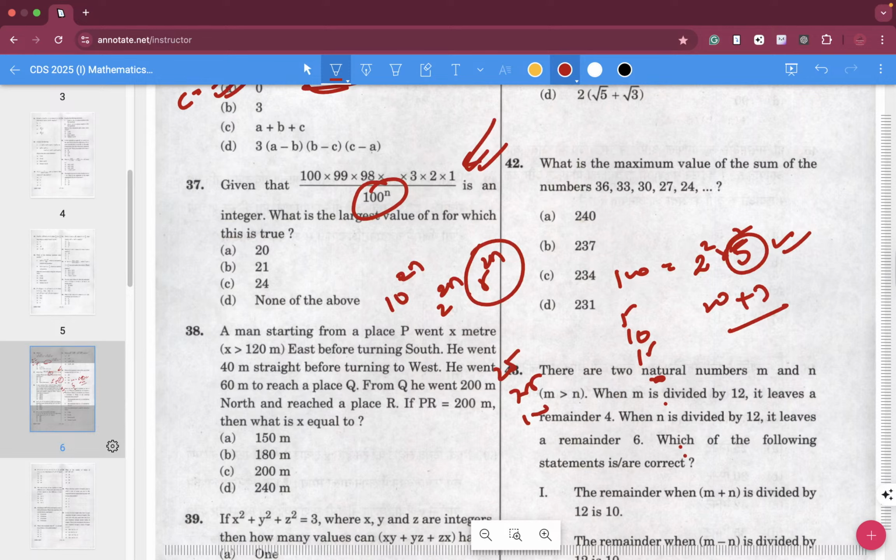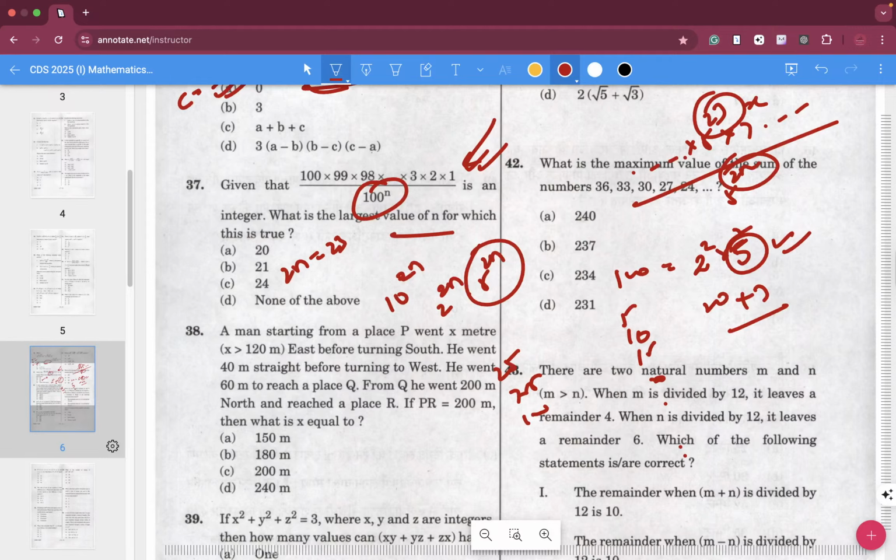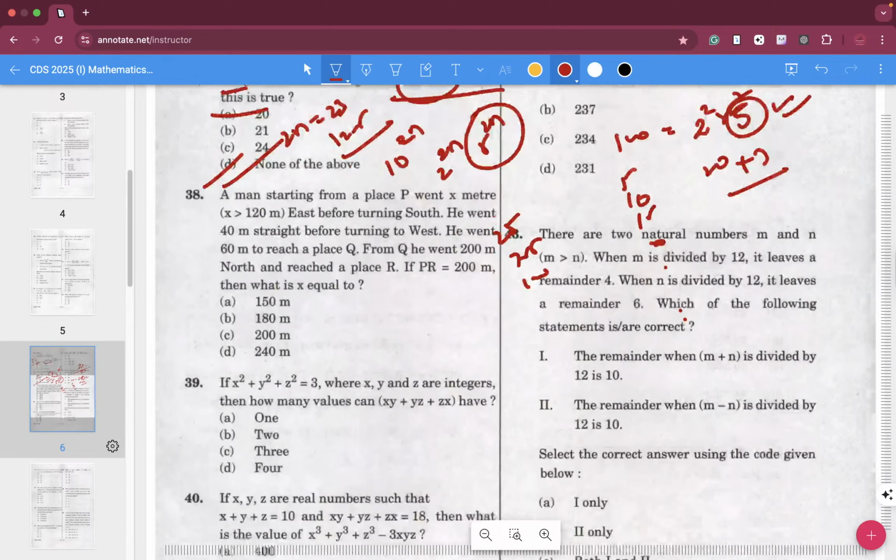So in the numerator it was 5 raised to the power 23, and in the denominator you have 5 raised to the power 2n. So 2n was supposed to be 23. Since n over here is the largest value of n, it was supposed to be 12.5, which is not there in your answer. That's why we said D is the answer.